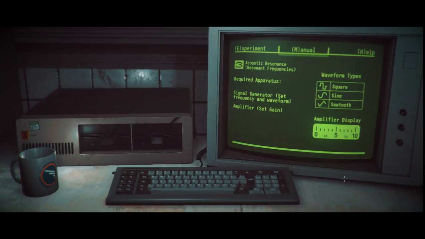Acoustic resonance, resonant frequencies. Required apparatus: signal generator, set frequency and waveform. Amplifier, set gain. Okay.